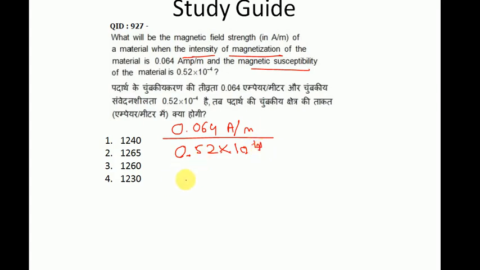If I take 10 to the power minus 4 to the numerator, it becomes 0.064 divided by 0.52 into 10 to the power 4.